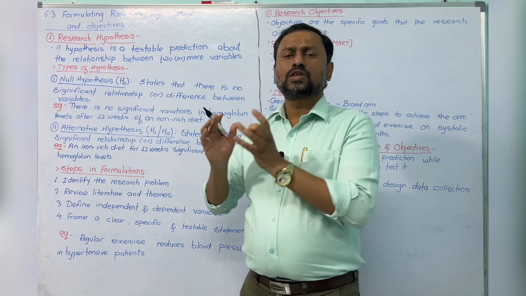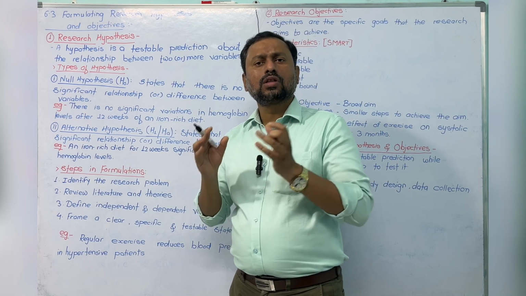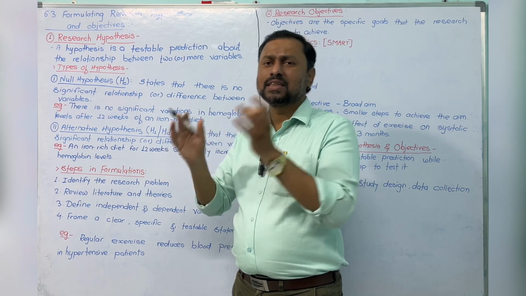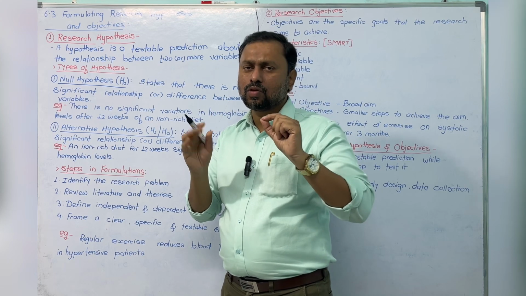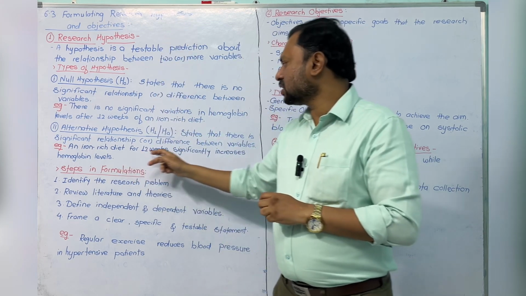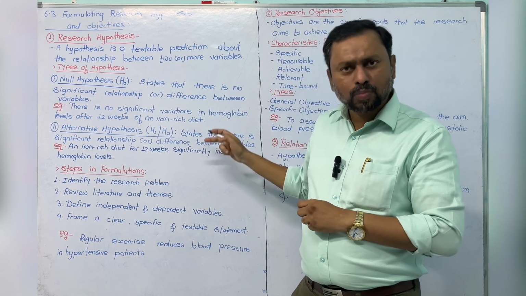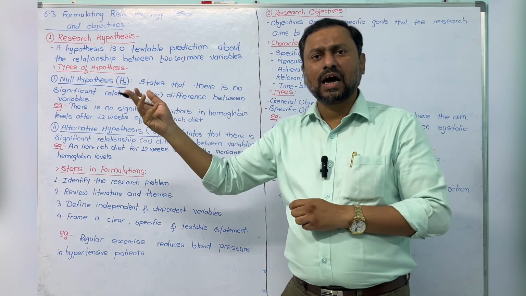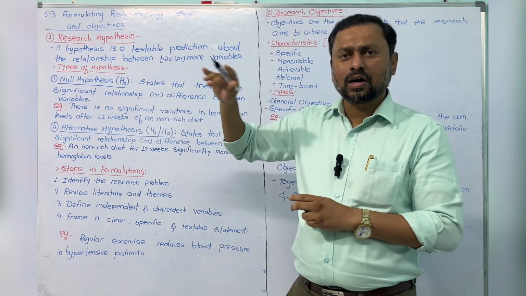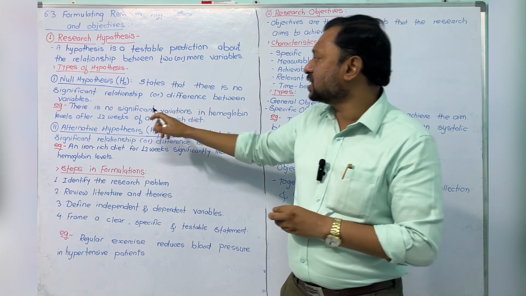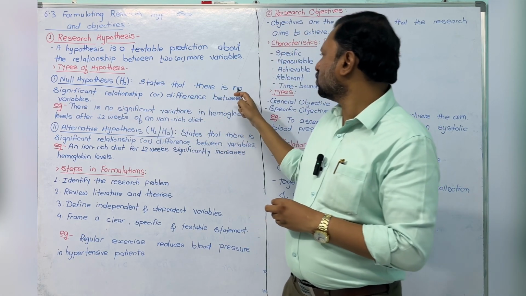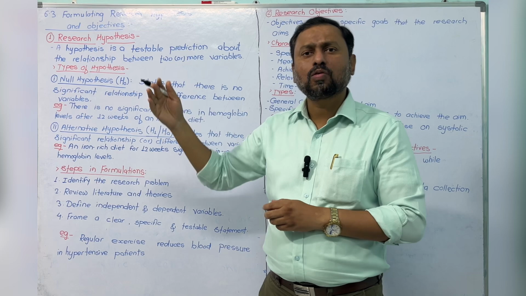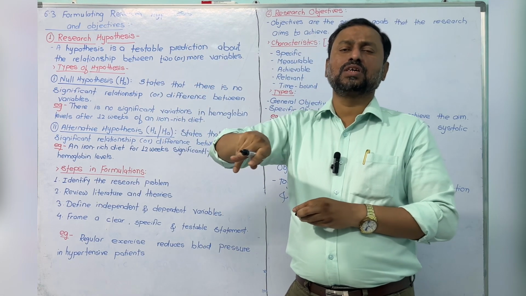This is what the researcher wants to prove in the research, that iron rich food increases the hemoglobin. And the null hypothesis is for rejection purposes, rejecting that there is no relation. That's why you have to prove that actually the relationship is there.